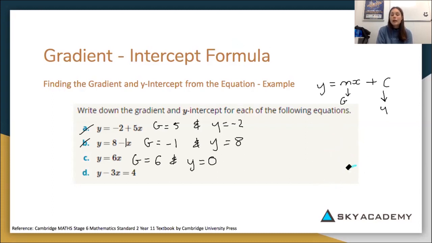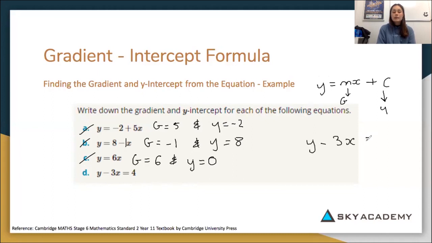And for D, we have to rearrange this equation so that it's in gradient intercept form. At the moment, this equation is not in gradient intercept form because our y is not by itself. Our y is not the subject of the formula. So let's rearrange it quickly. y minus negative 3x equals 4.